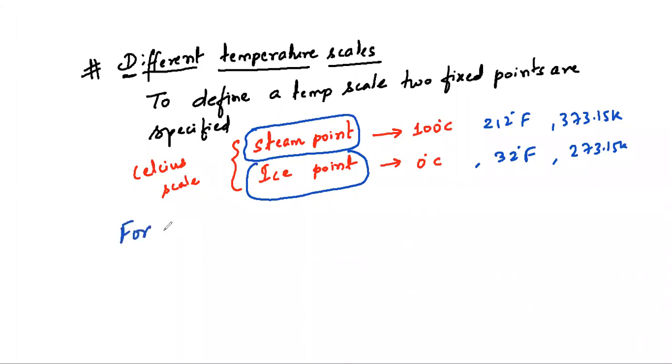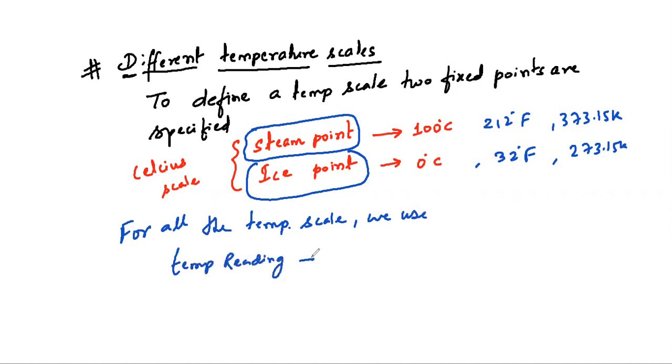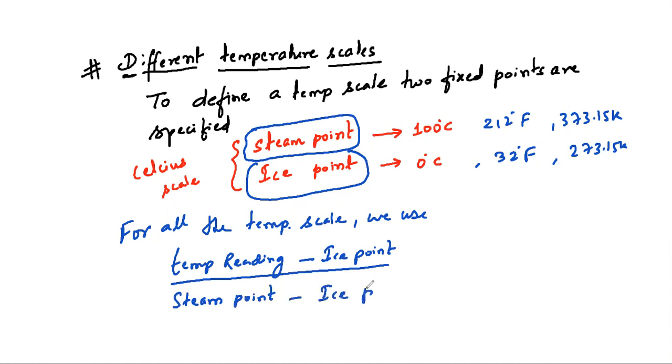So, there's one thing common for all the scales. For all the temperature scales, we will use a common formula, that is temperature reading minus ice point, divided by steam point minus the ice point.